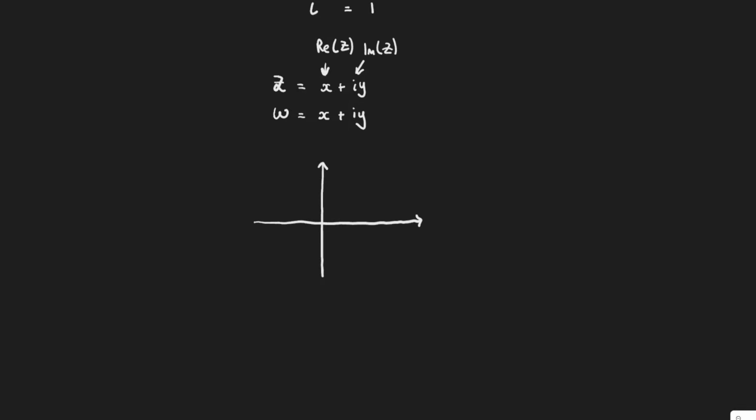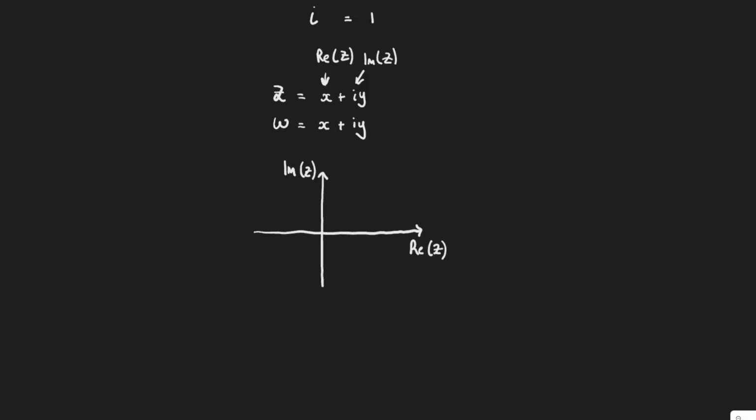So we could label these axes differently than x and y, our Cartesian axes. By the y-axis we can put the imaginary axis, and then the x-axis here is the real axis.